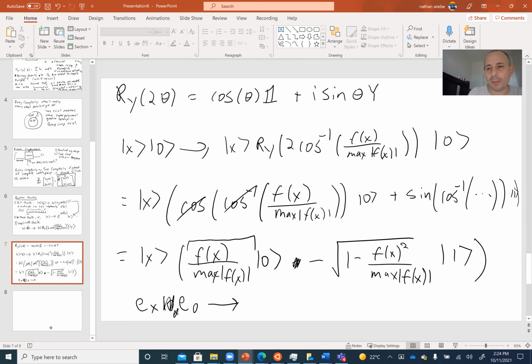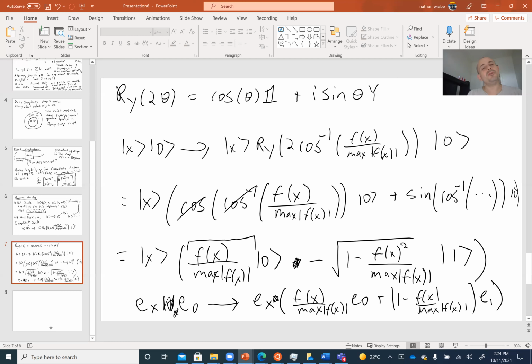If we put this into a probabilistic classical computer, then we could build the probability distribution f of x divided by max f of x times e_0, plus 1 minus f of x over max f of x times e_1. So you can see that this has a probabilistic classical analog, but it isn't deterministic.